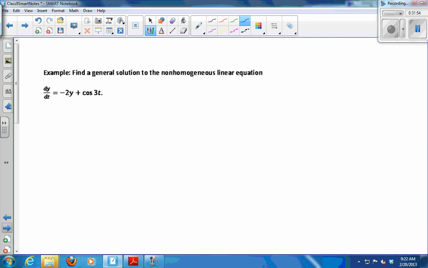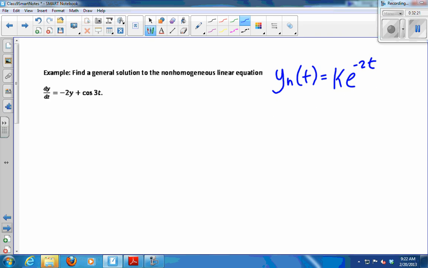Let's do another one. I already know the solution to the associated homogeneous because it's the same associated homogeneous as the last example. K e to the negative 2t. So that's step 1 taken care of. Step 2, I have to guess a particular solution to this differential equation.